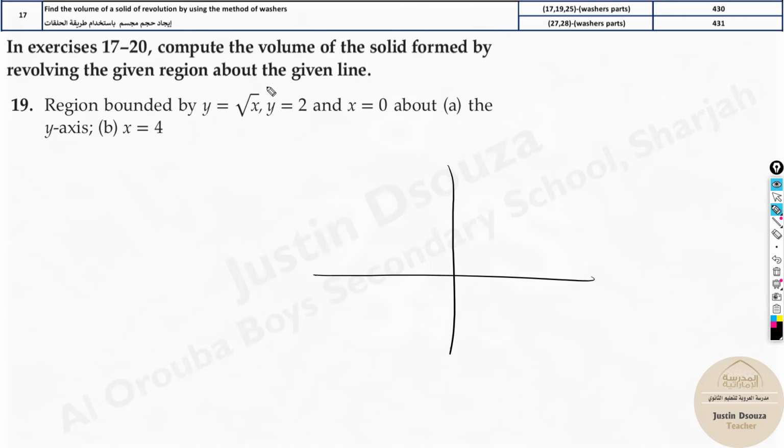So it's a root x. What happens? Y is equal to root x will be something like this graph. And y is equal to 2. So it's somewhere over here. Okay. And x is equal to 0. That means this part. So we have to focus on this region.